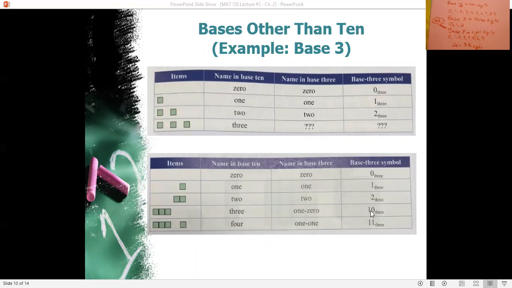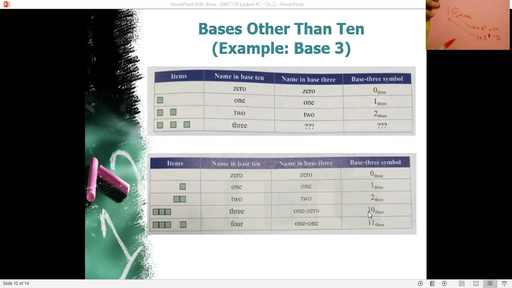And remember the way to read this number, and I'm going to do that in large print on the side for you. What you're trying to say is you have 0 times 3 to the 0, and then you have 1 times 3 to the 1.